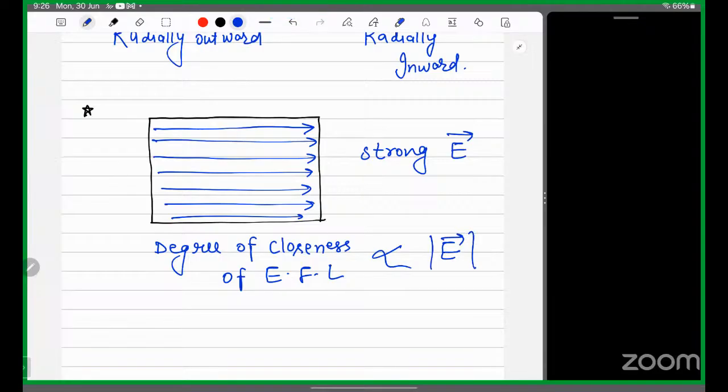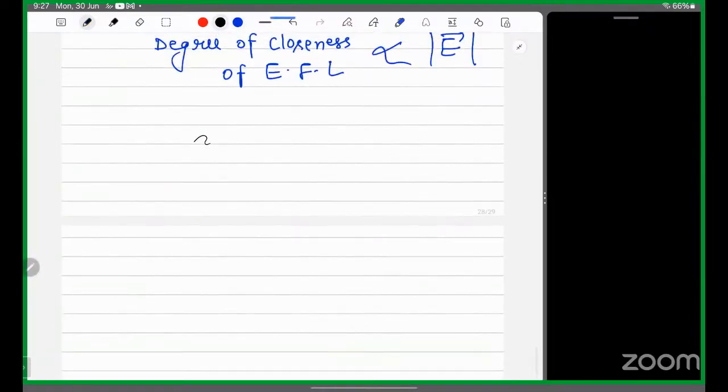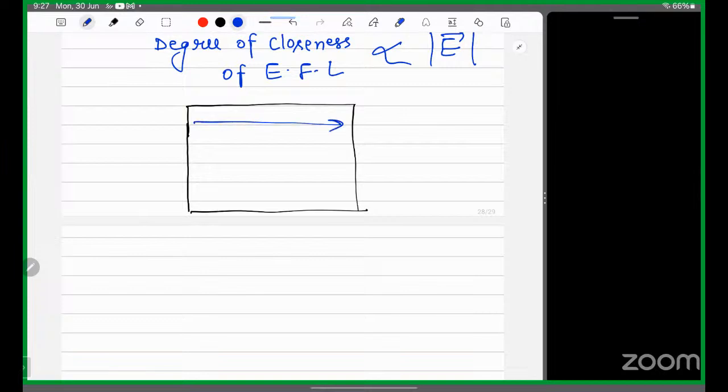Closer the lines, stronger the field. If the lines are far from each other, like this, this represents a weak electric field.